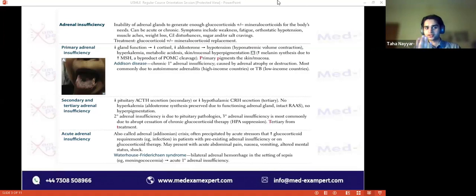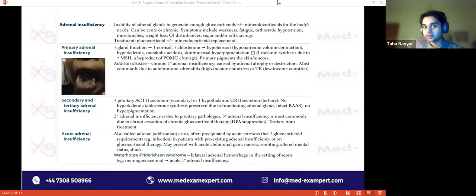Now, talking about adrenal insufficiency, as the name suggests, there's decreased production of these adrenal hormones. Could either be cortisol or aldosterone, depending upon whether it's primary or secondary. Whenever there's the term primary, it means the thing that usually creates the hormone, the origin of the hormone. So for primary adrenal insufficiency, the fault has to be with the adrenal gland itself, right?